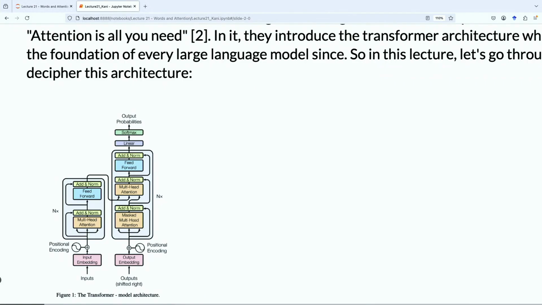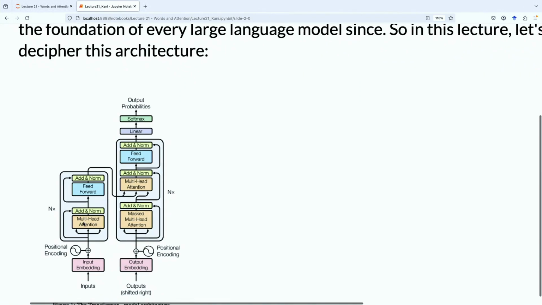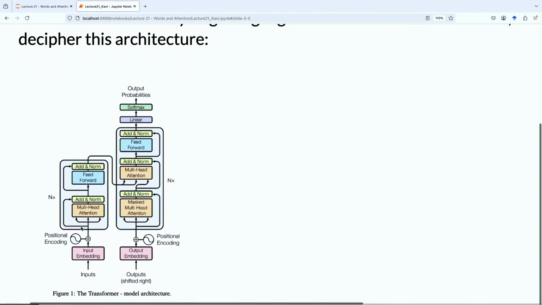But what they published was basically a model which had an encoder and decoder. What was important about this model is that it had a specific structure. It took in basically the entire sentence at once, every single word at once.